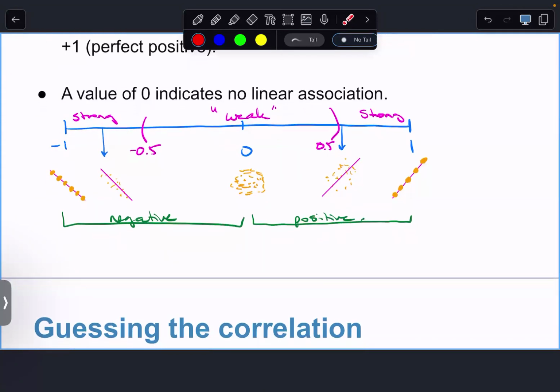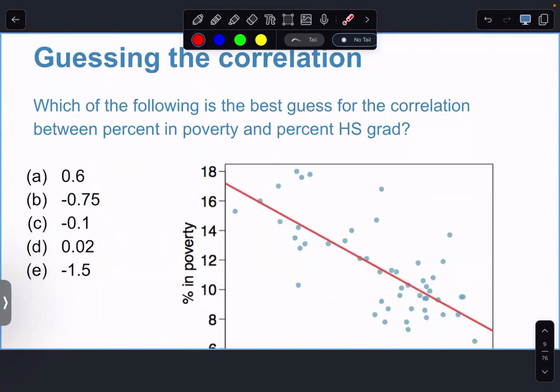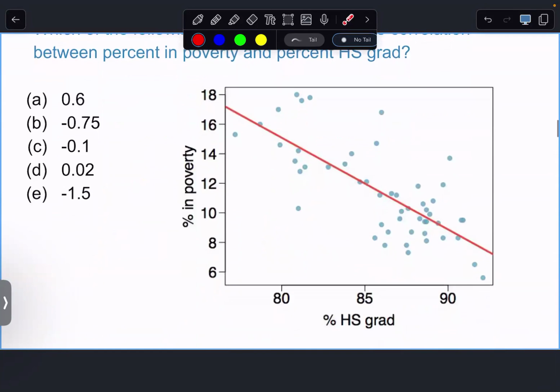Okay, so just to get into the correlation, here's our relationship that we have, and we want to guess what the correlation might be. We already decided that we have a negative relationship. We have some facts up our sleeves. The correlation has to be between -1 and 1, and so we can eliminate a lot of these options right away.